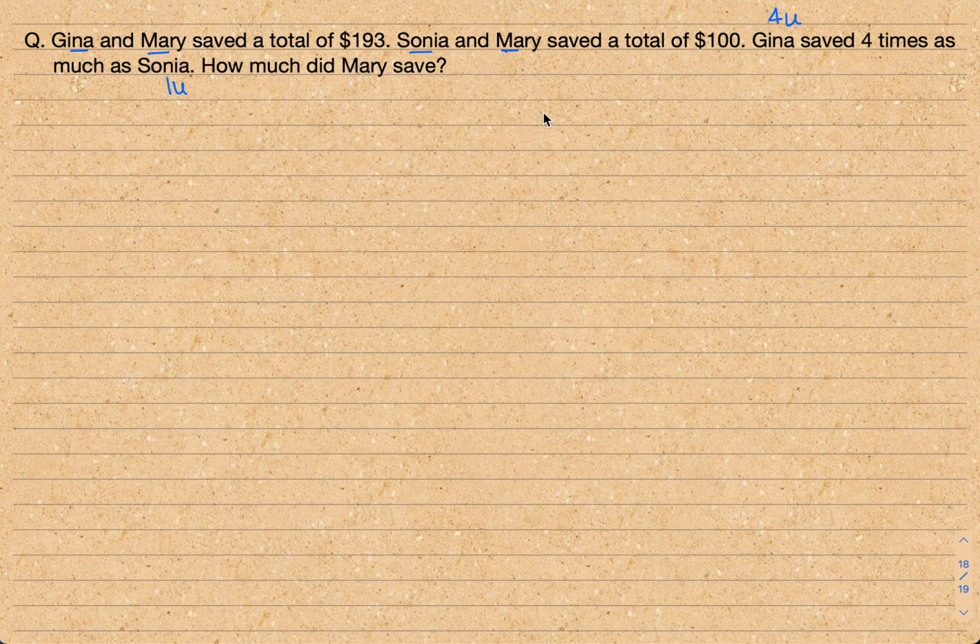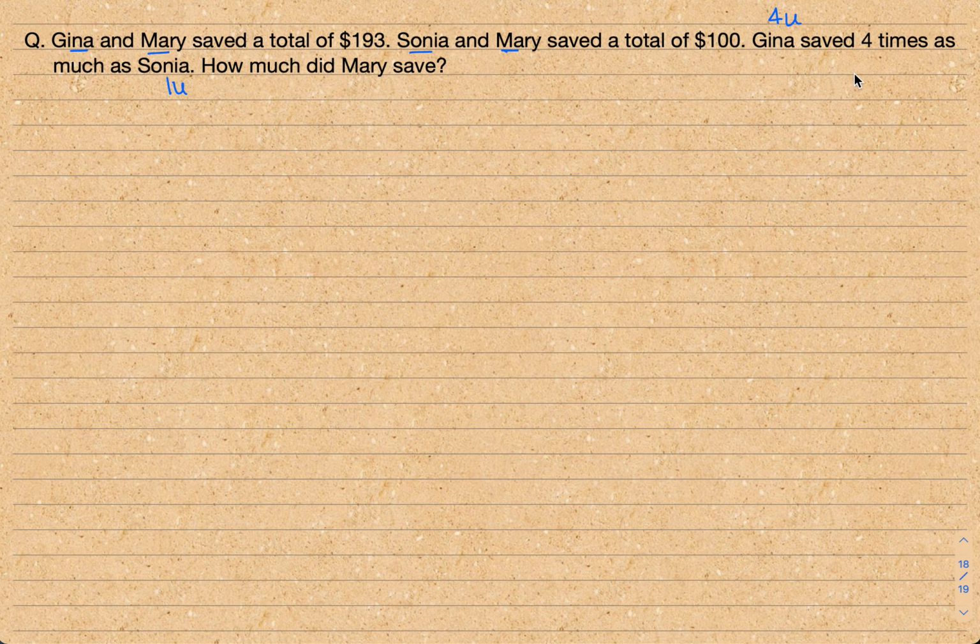And our job is to find out how much Mary has. Let's start with the last one, because this one can be done very easily. We can easily draw a model for Gina and Sonia, and we won't be drawing it for Mary because nothing much is given about her. It's always the combined money that is given for Mary.